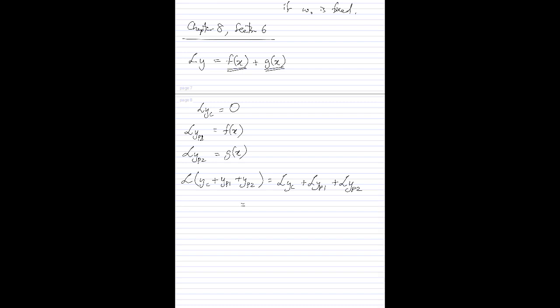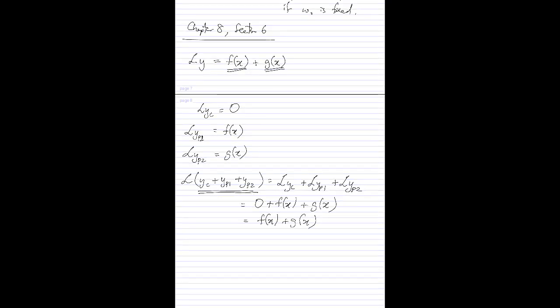And this thing, since we have found yc, yp1 and yp2, is simply equal to f of x plus g of x. In other words, yc plus yp1 plus yp2 is a solution to your differential equation where the non-homogeneous term is a sum of two functions.